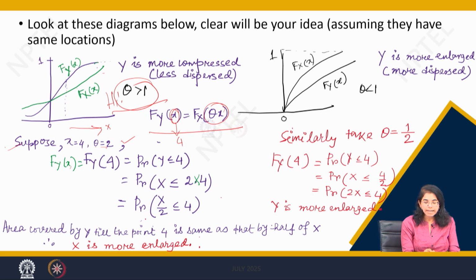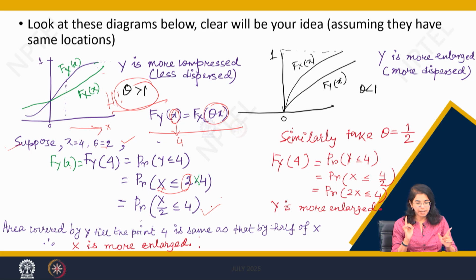Now take a look. I take 2 to the left-hand side: X divided by 2 less than or equal to 4. Now have a check. F_Y(4), Y less than or equal to 4, means writing X by 2 less than or equal to 4. That means Y is more compressed, isn't it?